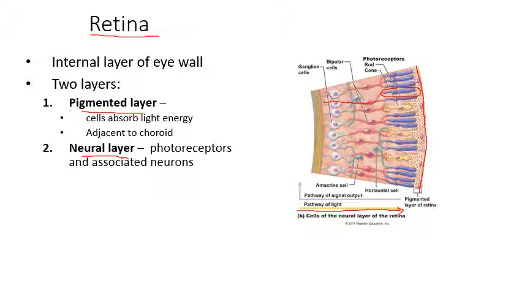But what's interesting about this is you can see the light actually has to pass through this neural layer before it gets to the actual receptors. The receptors aren't out here, and then the signaling comes backwards. The light has to pass through, and then the signaling happens in the opposite direction.